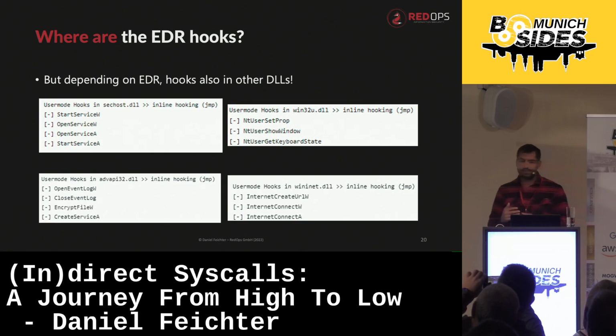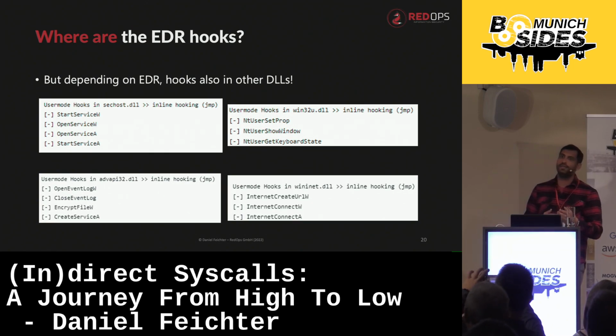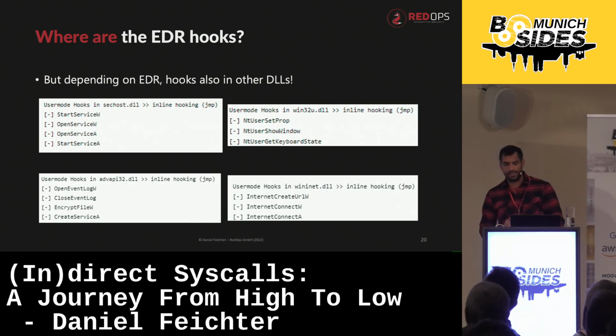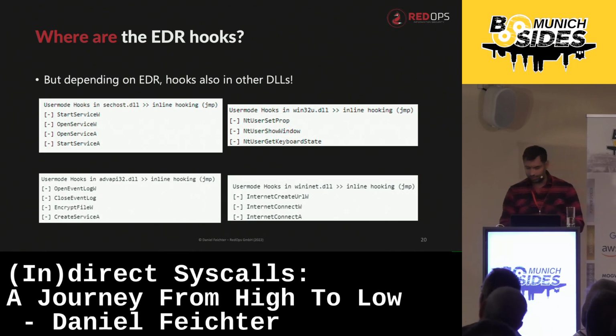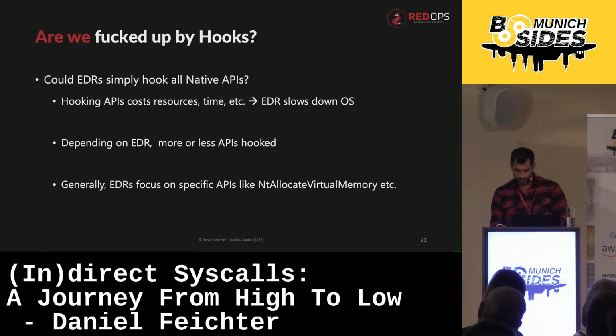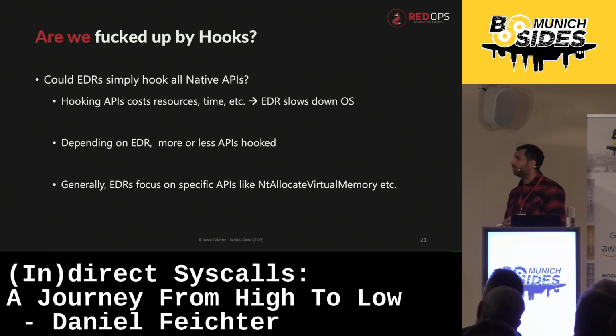Depending on the EDR, the number of hooks varies strongly. For example, you can have an EDR which has about 28 user mode hooks, but I also analyzed EDRs which have 86 user mode hooks in user space. So the question is now, are we doomed by hooks? I would say no, because they cannot simply hook all native APIs.